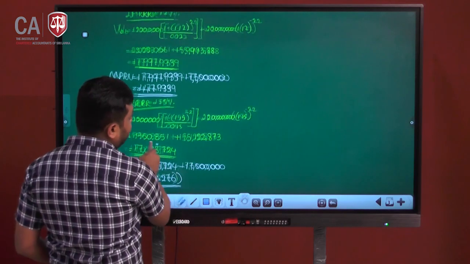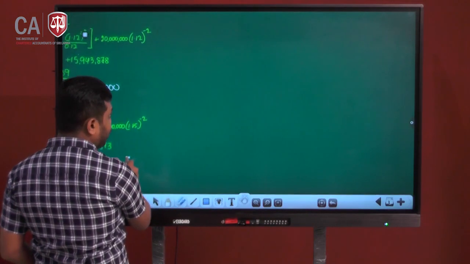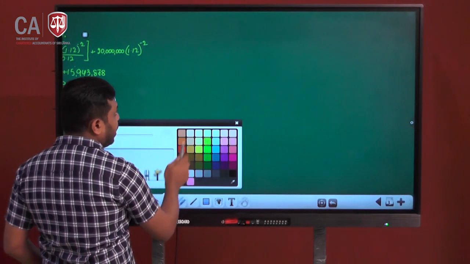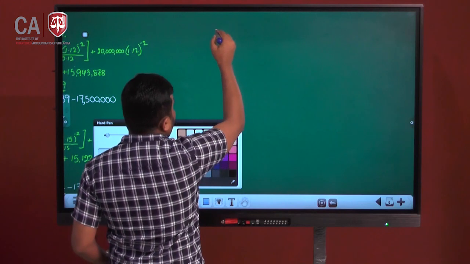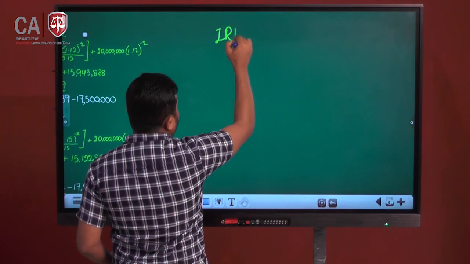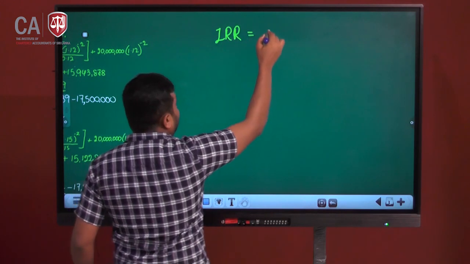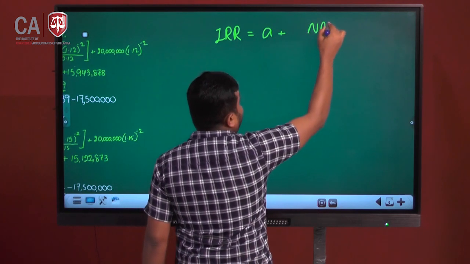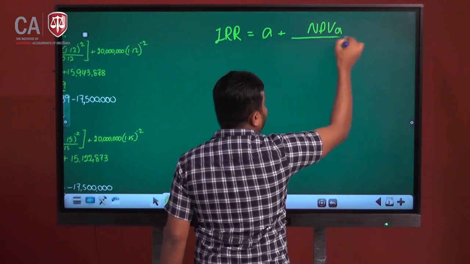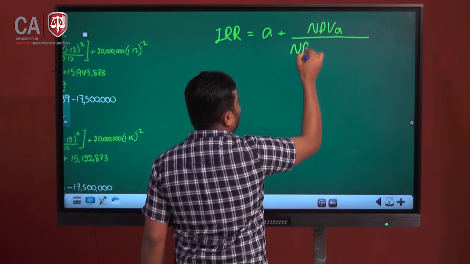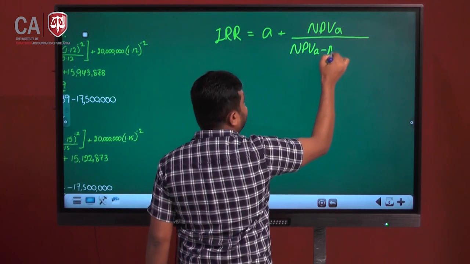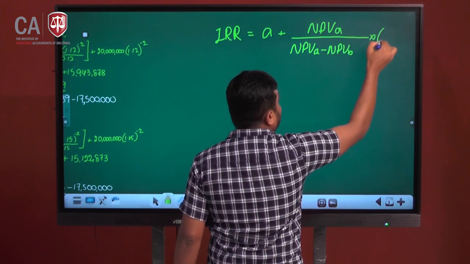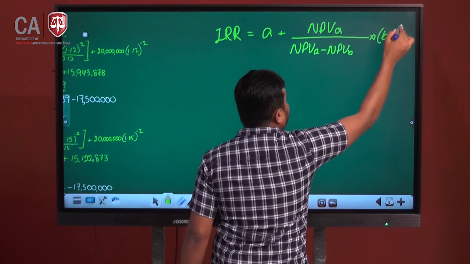I will work out here the IRR formula: IRR equals lower rate plus NPV at lower rate divided by (NPV at lower rate minus NPV at higher rate) times (higher rate minus lower rate).